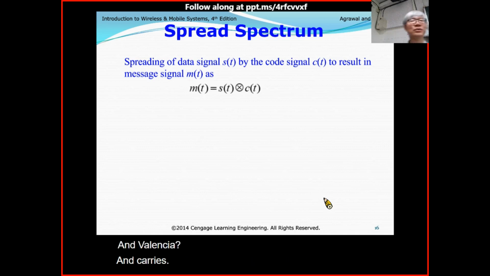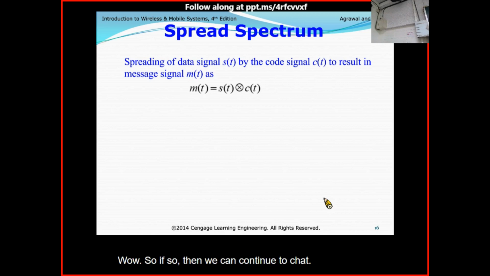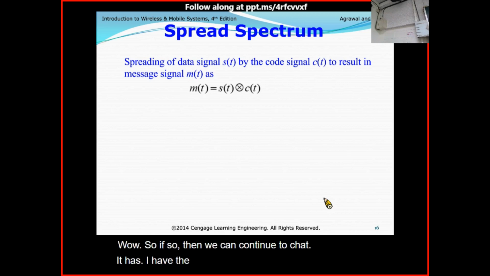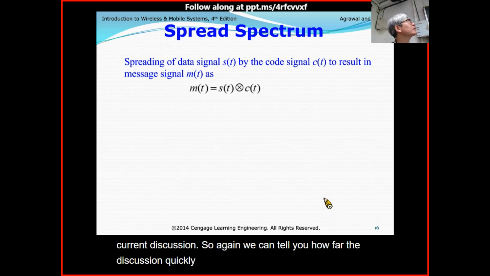Well, so if so, then we can continue to check spread spectrum. In fact, spread spectrum we already have, but in the past, I have the current discussion. Later you can check it. So again, we can directly have the discussion quickly for sure. And for spread spectrum here, we have a code.